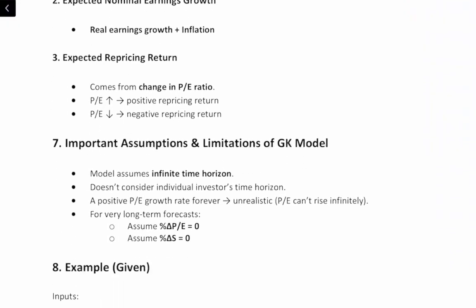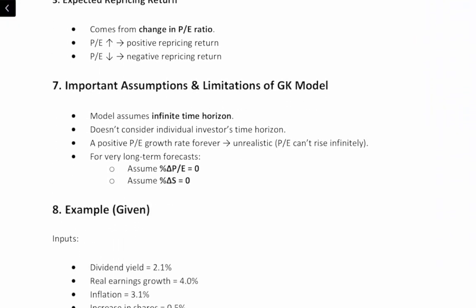Okay. But now there is one important assumption to it. That important assumption of this model is that it assumes an infinite time horizon. It assumes that the positive growth of the PE ratio is for forever. And this is unrealistic. Your PE cannot rise indefinitely. Clear?